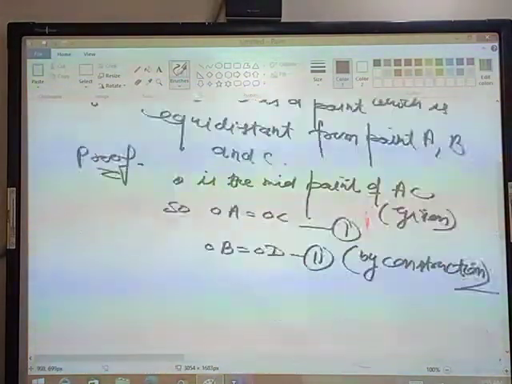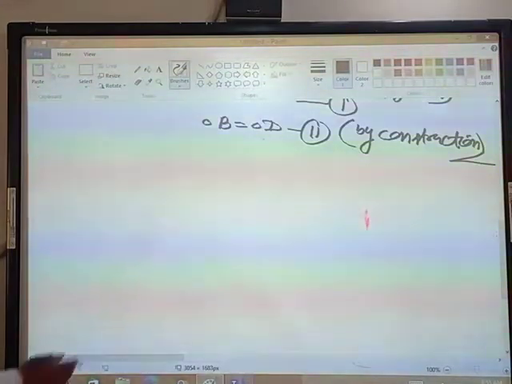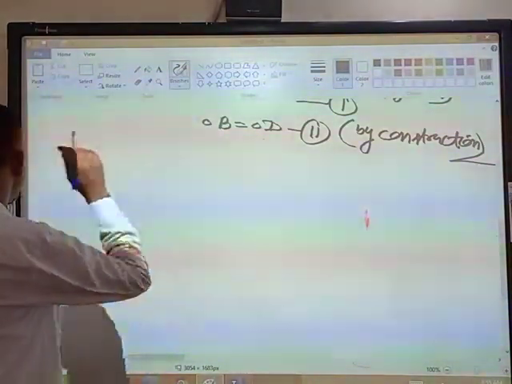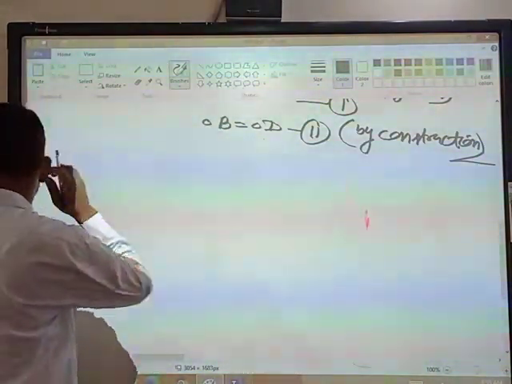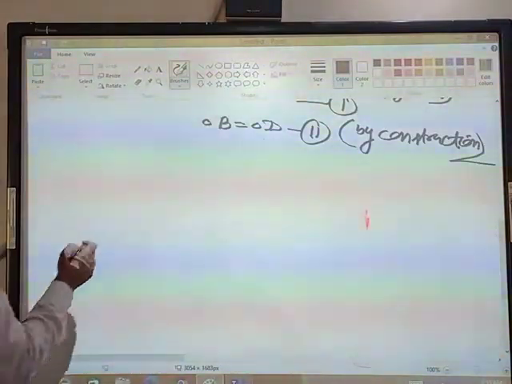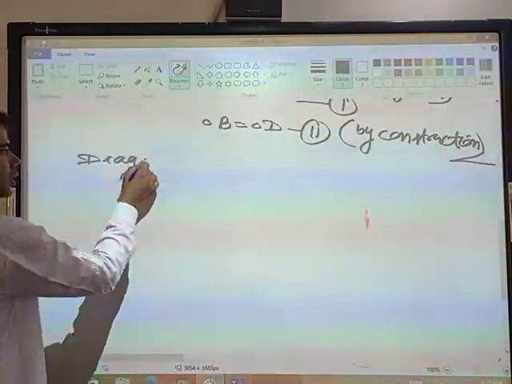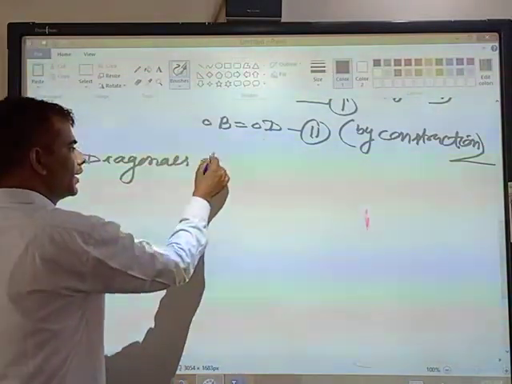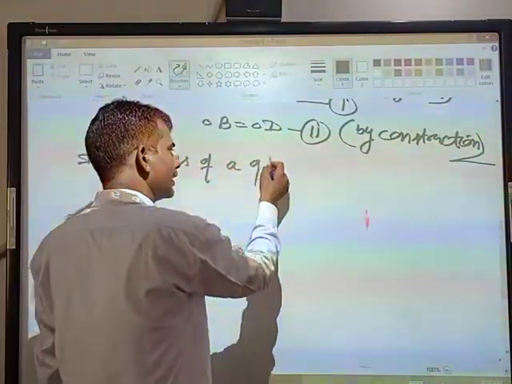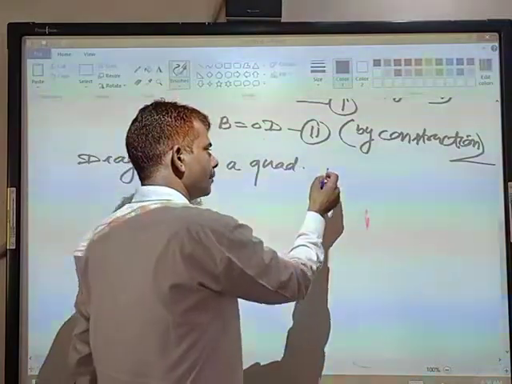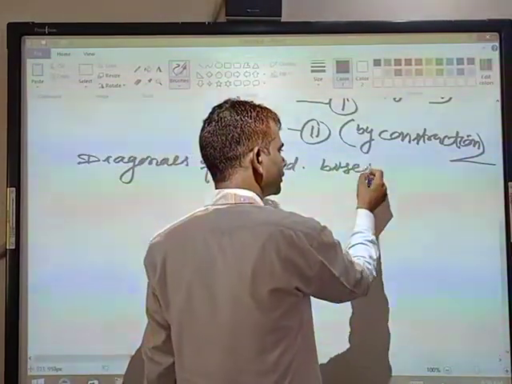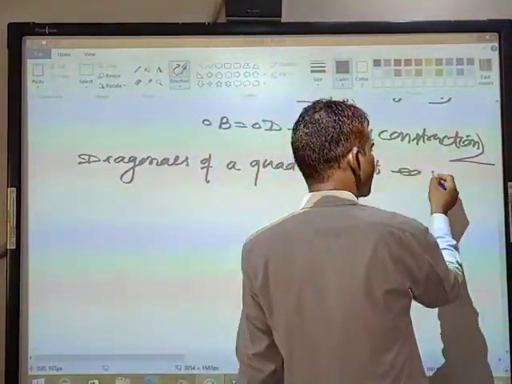The diagonals of a quadrilateral bisect each other.